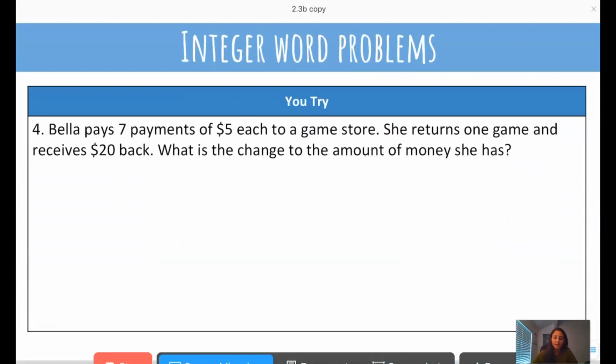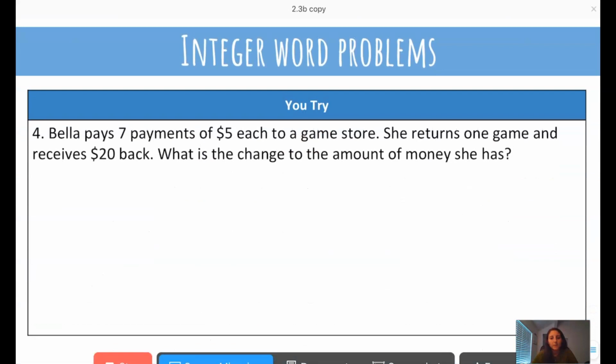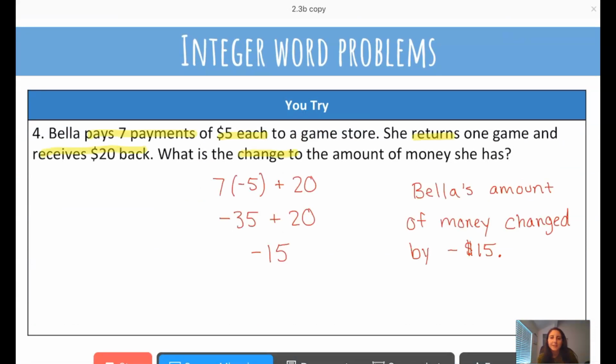All right, you try this last example, and then when you're ready to check your answer, hit continue. All right, take a moment, check your answers with mine, pause the video if you need to. This was 7 payments of $5 each. So -5 represents paying the money, right? That's money we're losing because we're paying it.